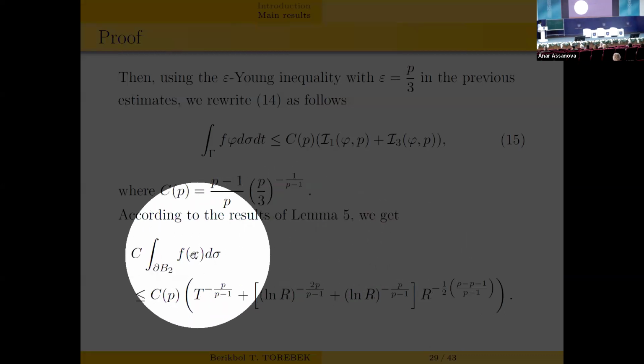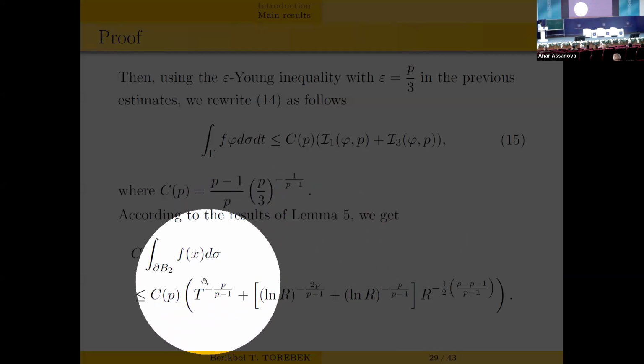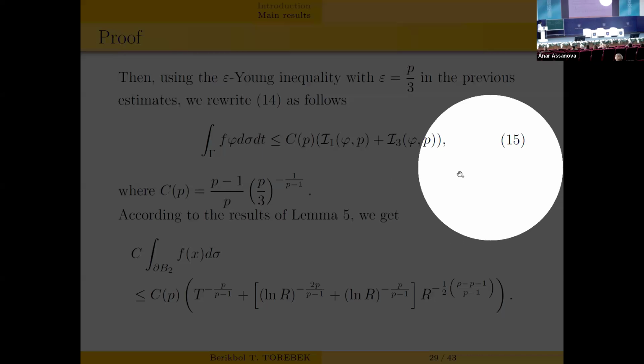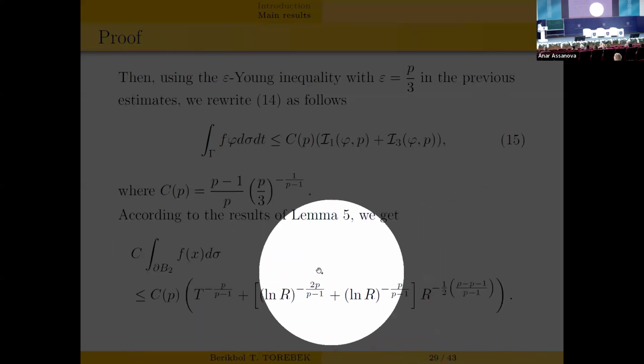Then using the results of the previous lemma, we can rewrite this inequality by this expression.